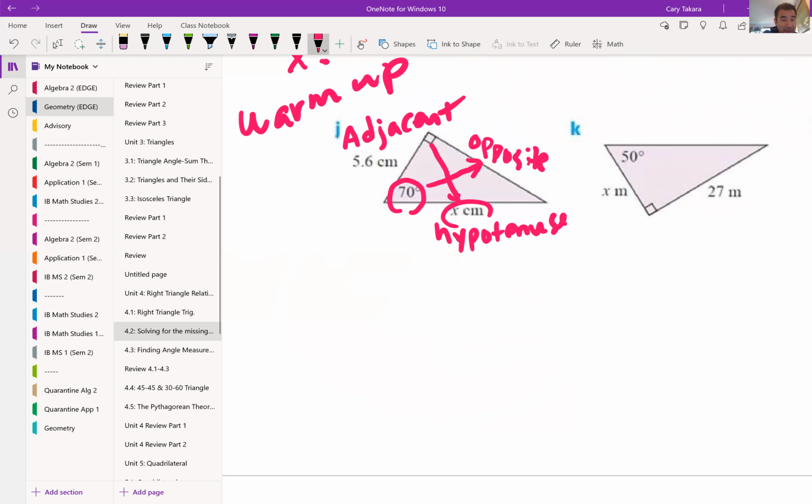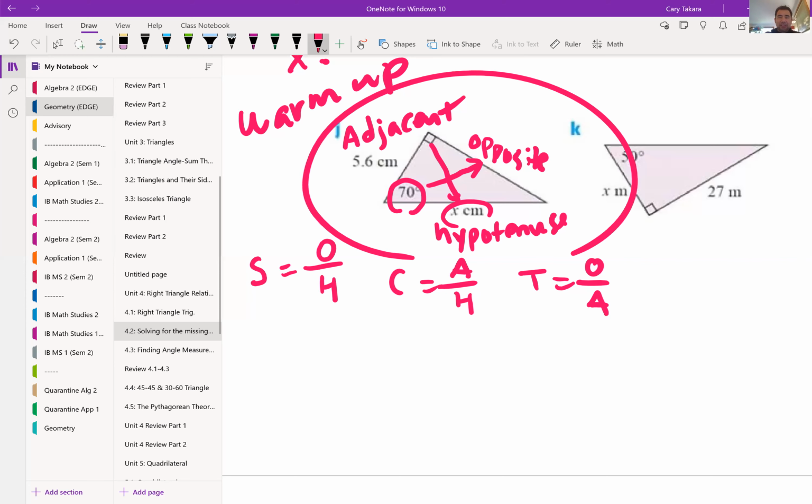So it is S-O-H, and I usually write it like this, S-O-H-C-A-H, and then T-O-A. That's SOHCAHTOA.